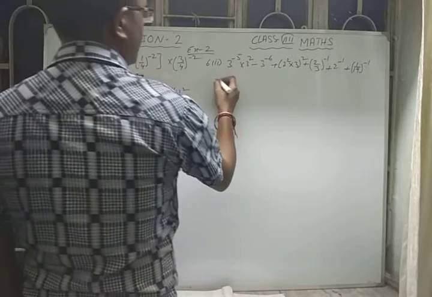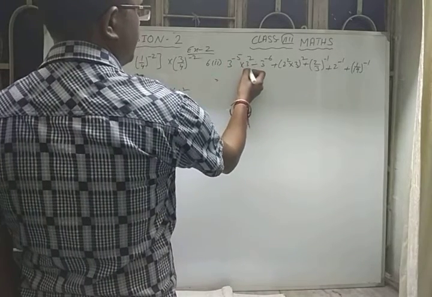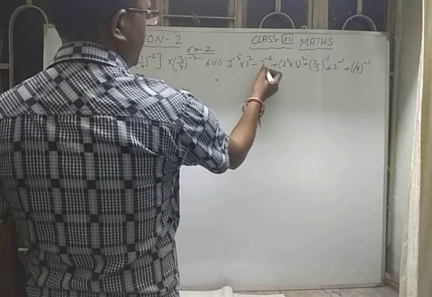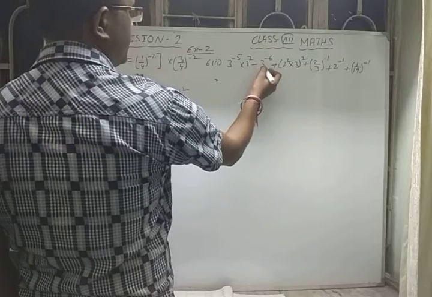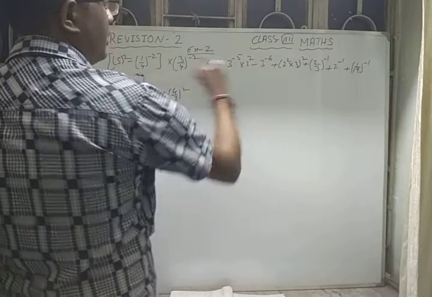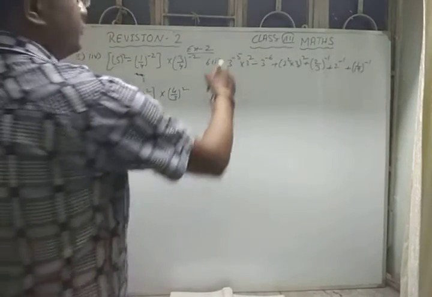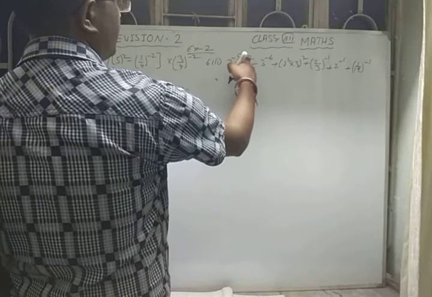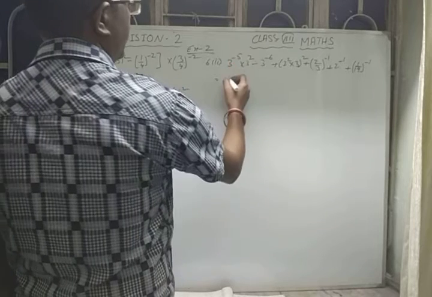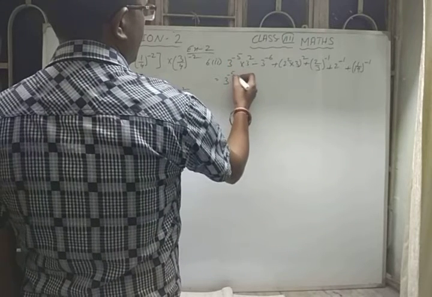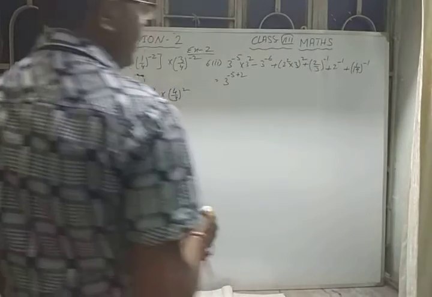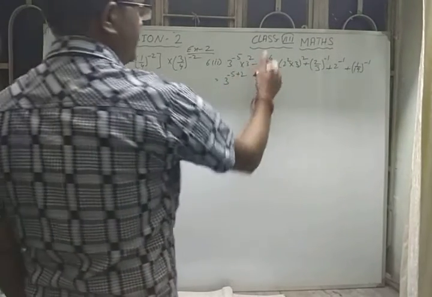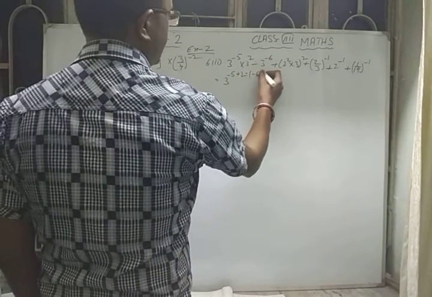Again 3 is the base, all the 3s are the same base with multiplication and division. That means we can solve them according to the law. When the bases are the same in a product, you add the powers, so it will become 3 to the power minus 5 plus 2, and minus 6 is given, and it is in division, so those powers will be subtracted, minus 6.